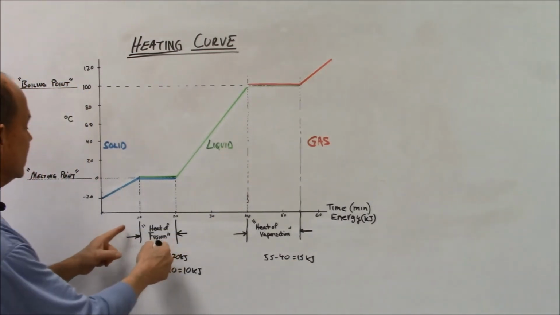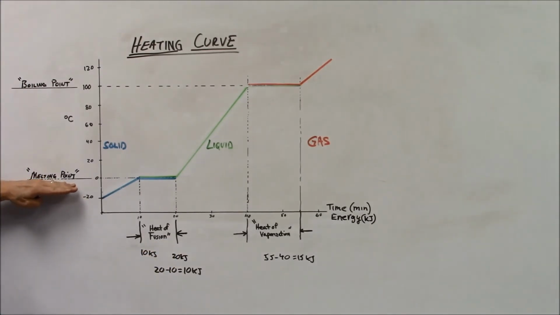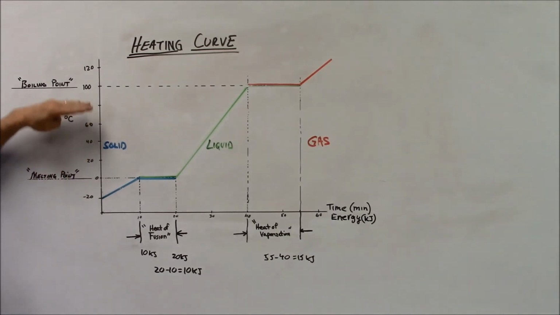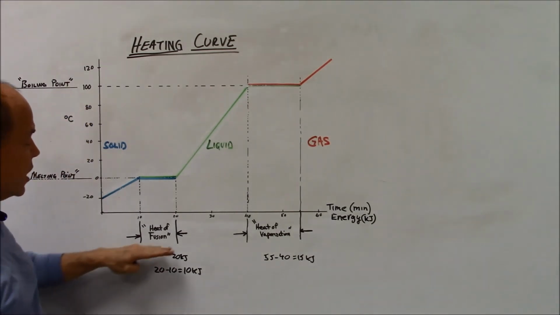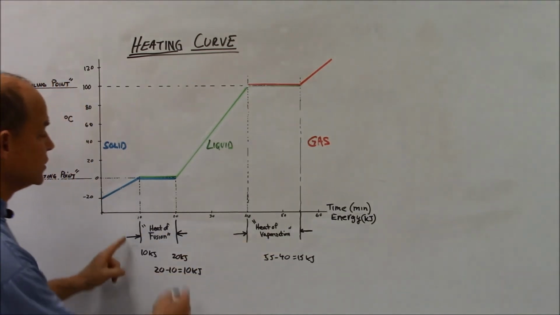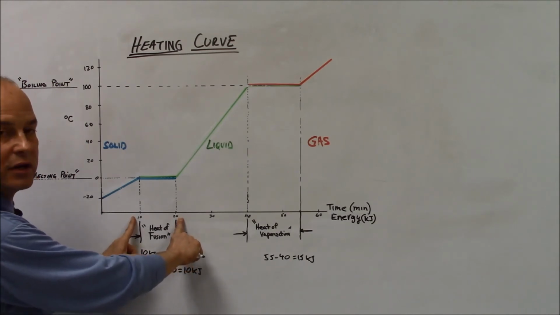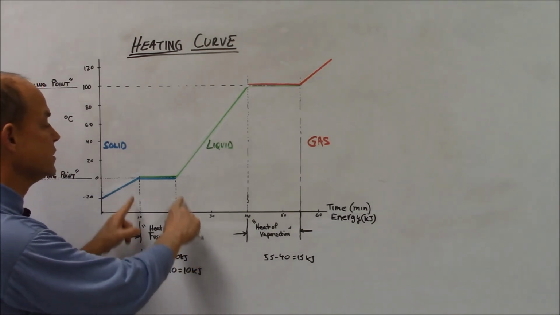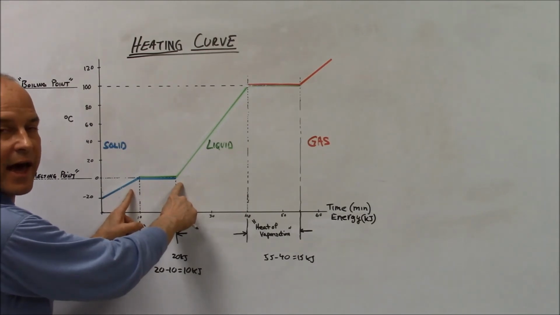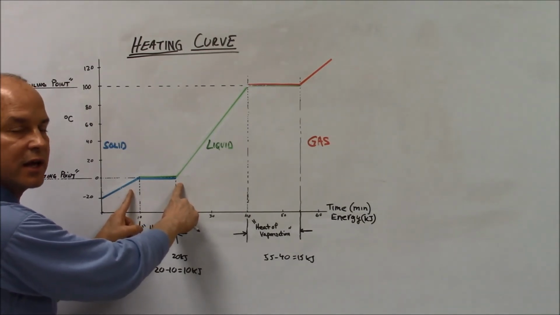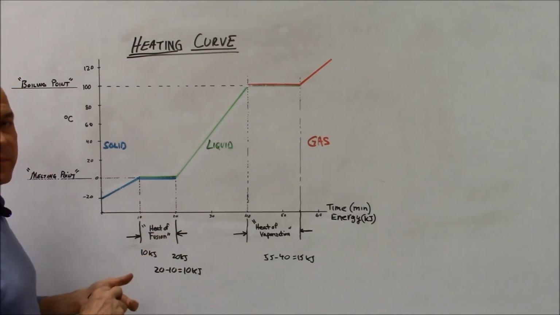So that's an important difference. It's pretty easy to look at the graph and say, oh, melting point is 0, boiling point is 100, but when you're talking about the heat of fusion or the heat of vaporization, you have to look at how many units of energy were put into the substance in order to cause it to have a complete state change. I hope that makes sense to you.